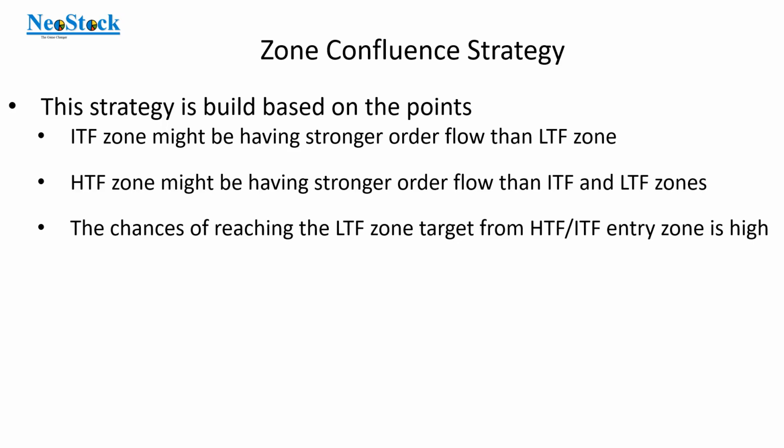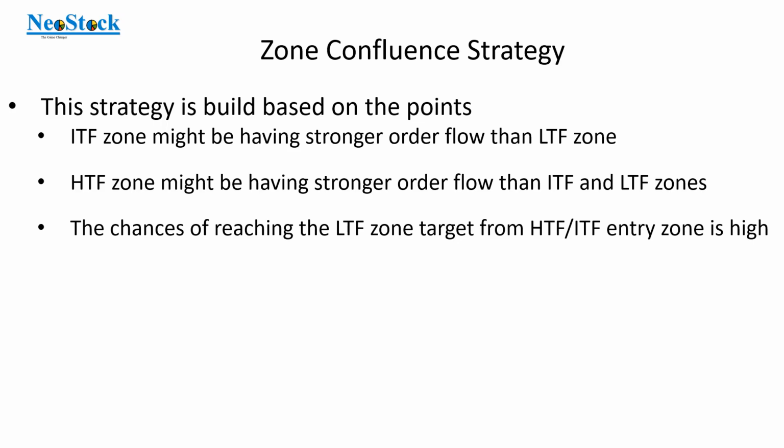Sometimes what will happen, from LTF we get the entry, and prices will reach the LTF target zone. Sometimes prices reach the LTF entry, but they will not reach the target zone. Instead of that, the LTF zone will be violated. We will see some 50-50 scenarios, with 50% probability. A 50% success rate and a 50% failure rate will be there.